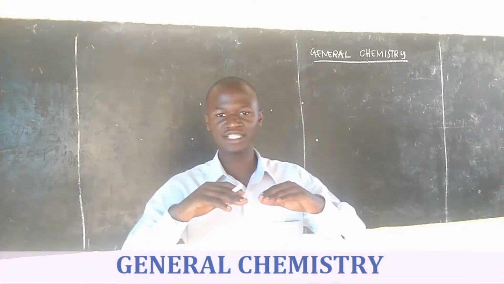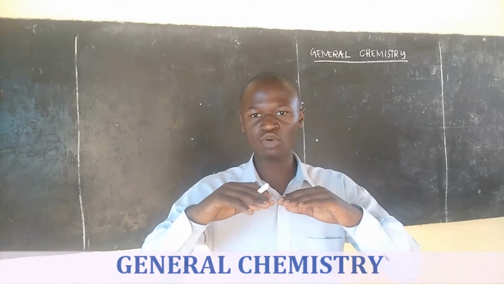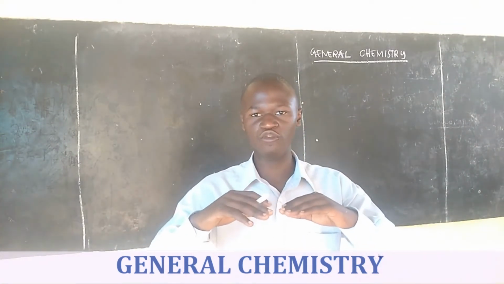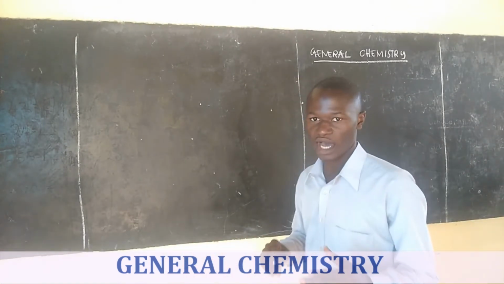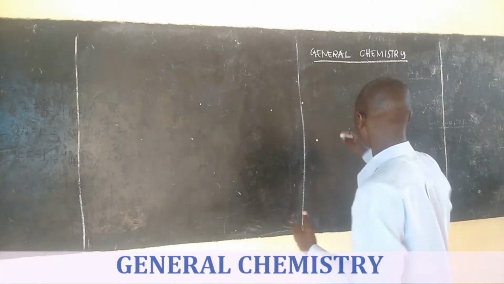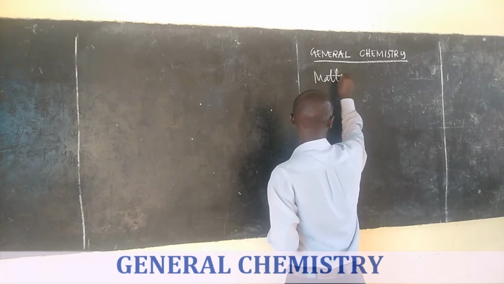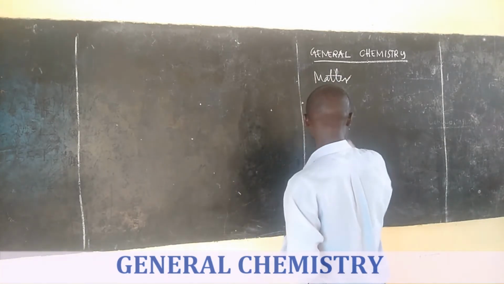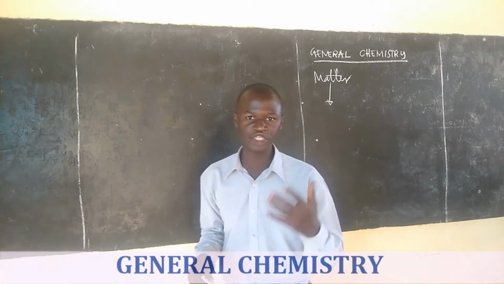But from element, then we have atoms. Remember, an atom is the smallest particle of an element. So that means we have levels. And not only element, we have different levels. So from matter, here we will have several subdivisions.